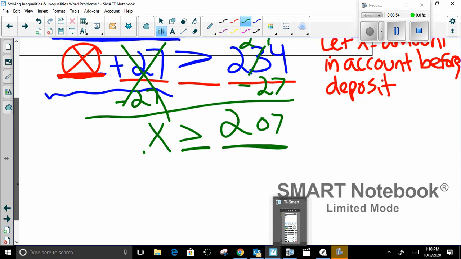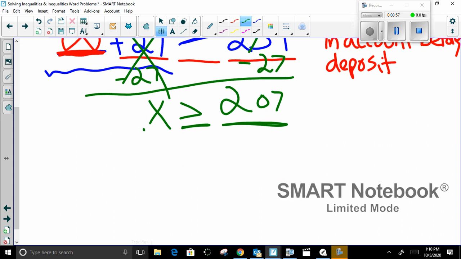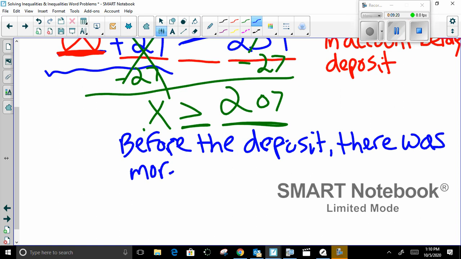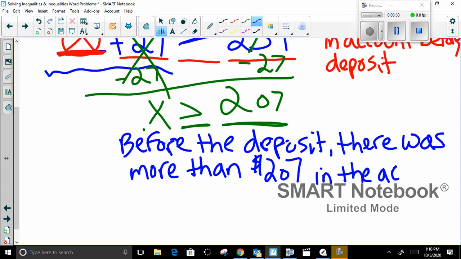So write out what this means. So x is greater than 207. Well, x was the amount of money in the account before the deposit. So before the deposit, there was more than $207 in Peter's account, whatever way you want to say that.